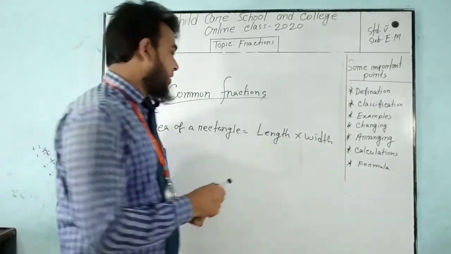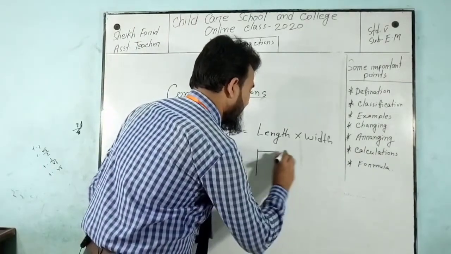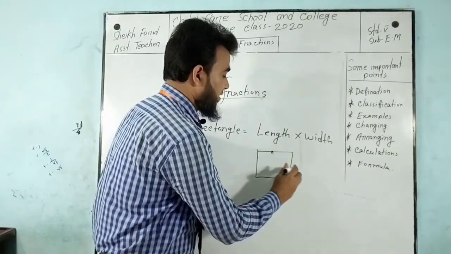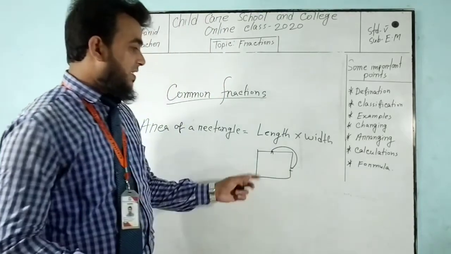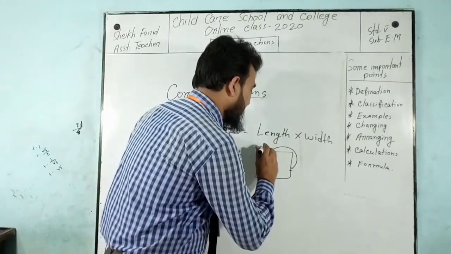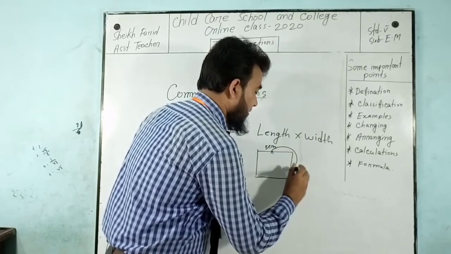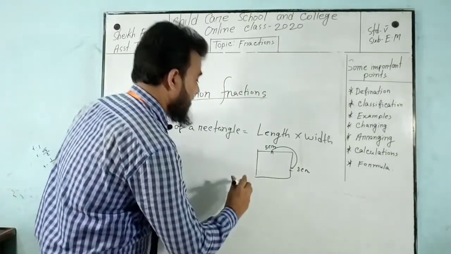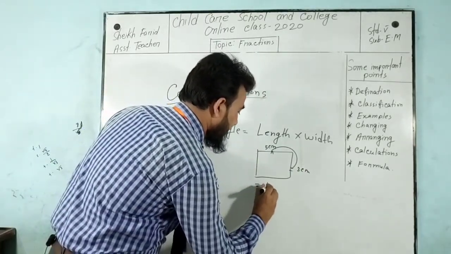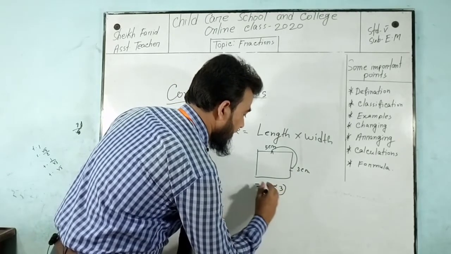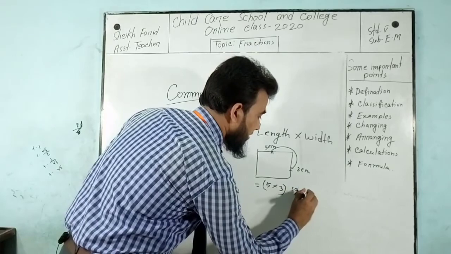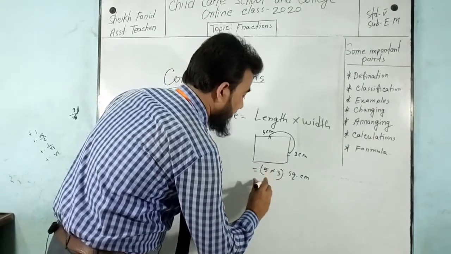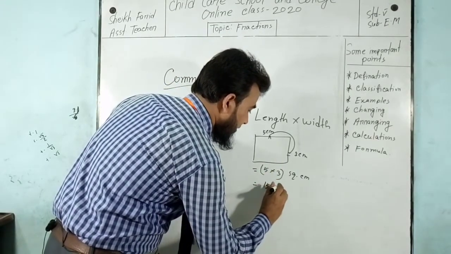If we draw a figure of a rectangle, it will look like this, and this is the length and this is the width. If you multiply these two sides, suppose here 5 centimeter and here 3 centimeter, then the area of this rectangle will be 5 into 3, and here must be square centimeter. If you find the area, we have to write square, so it will be 15 square centimeter.